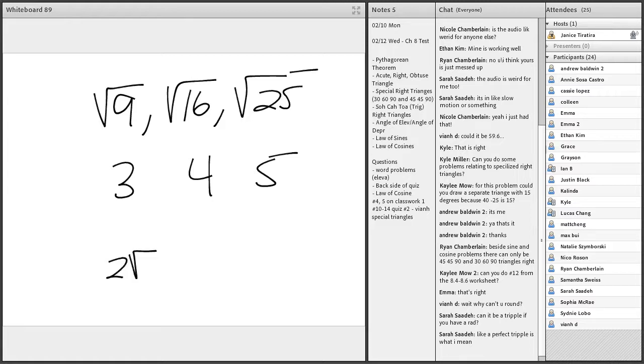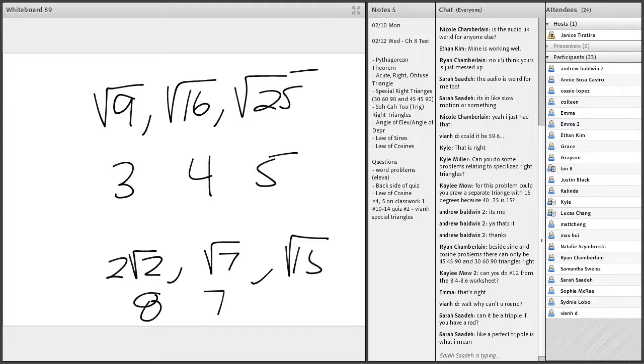I feel like I could make it up. Let's do 2 rad 2. That's going to be 4 times 2, just 8. And I feel like there is a situation where you can get it. That's 8. And rad 7, so that's 7. And rad 15, 15. So, okay. If you had, oh shoot, but I didn't check if it's a triangle.